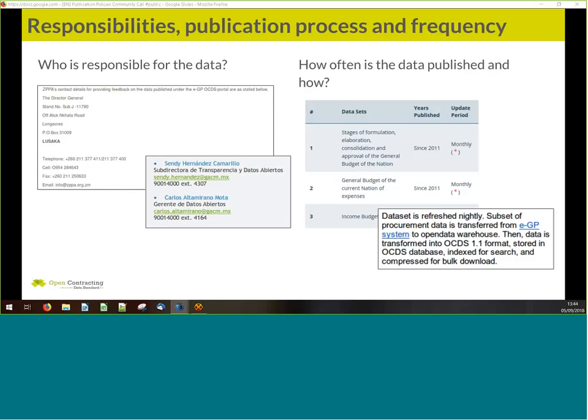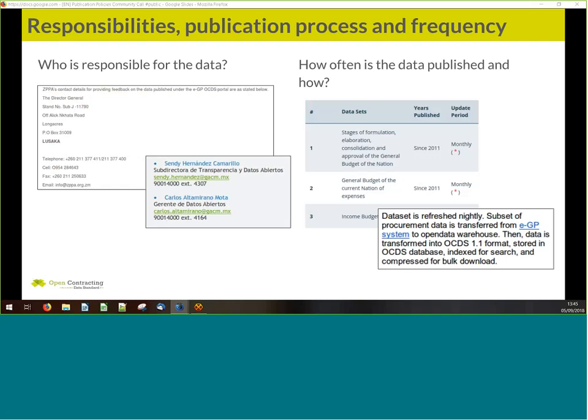The next point we recommend you include is information on who's responsible for the data. So that's really a way of putting in place a feedback loop, so a way for you to understand if people are having difficulty using the data, and how you can get input on ways in which the data can be improved.